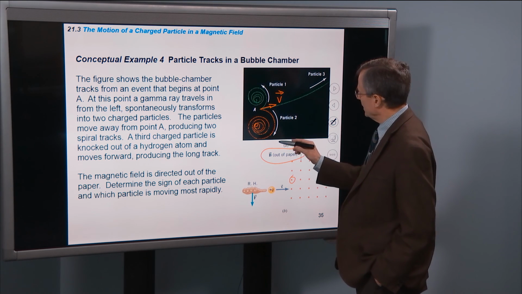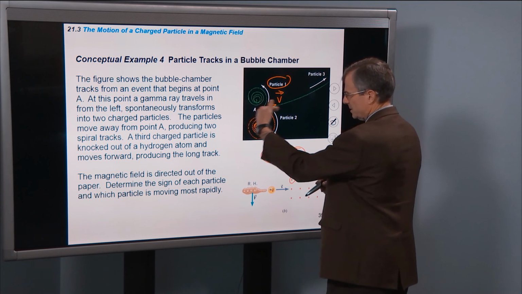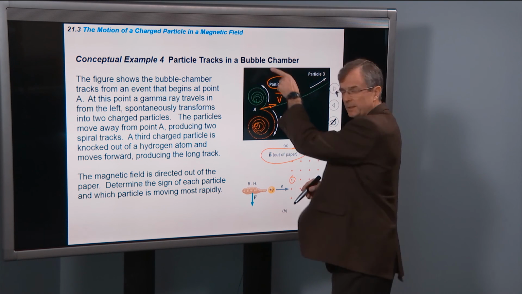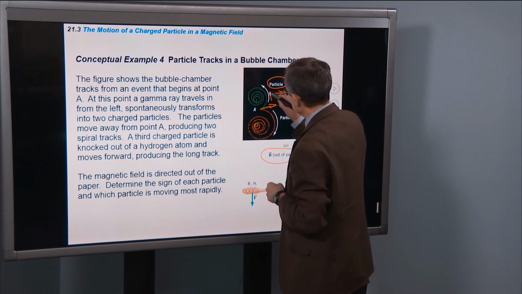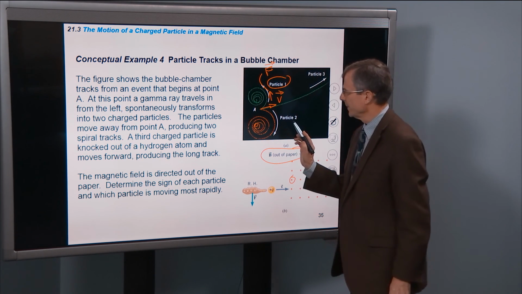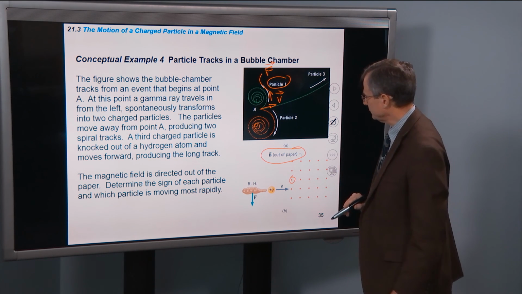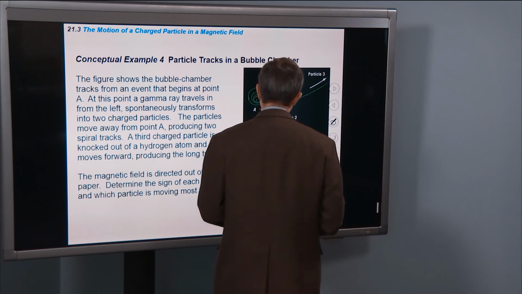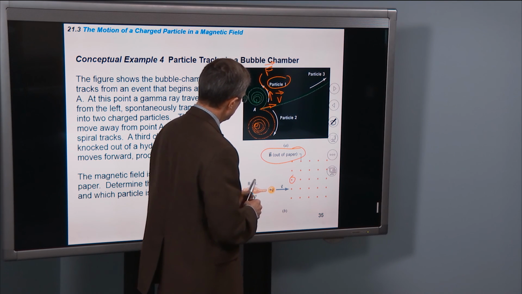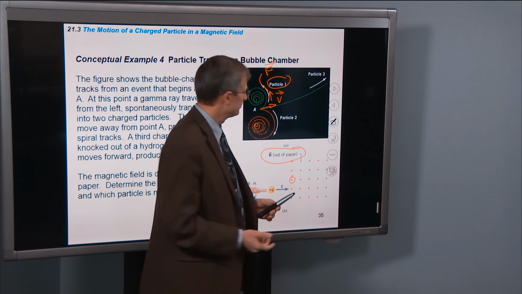Well, what about this particle number 1? Its initial velocity was toward the right like this, but it got deflected upward. So that must mean that the force on that particle, the magnetic force, was in this direction perpendicular to the velocity. Well, let's look, if the magnetic field is out of the paper, let's use the right-hand rule to try and determine the direction of the force, assuming the charge is positive.